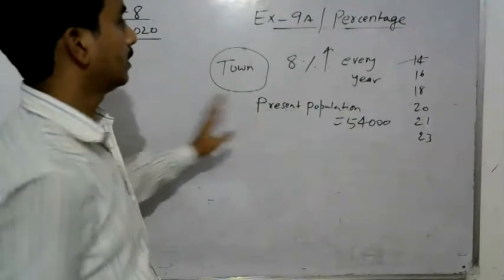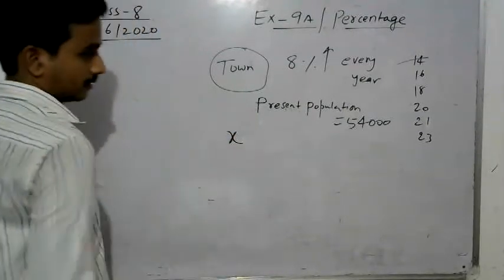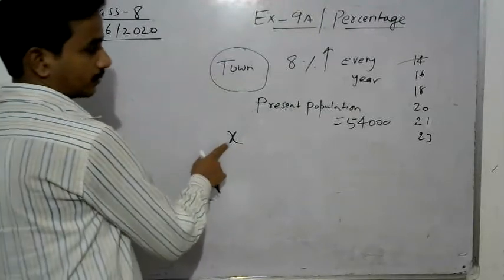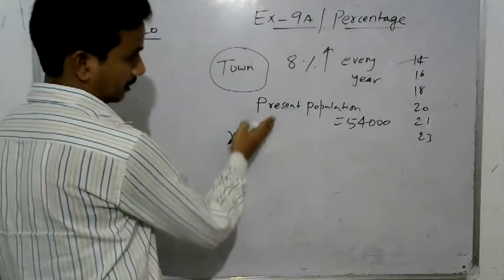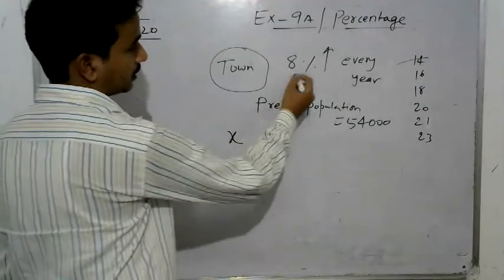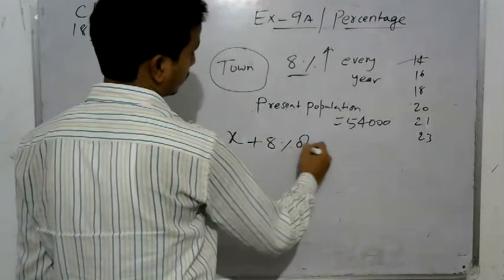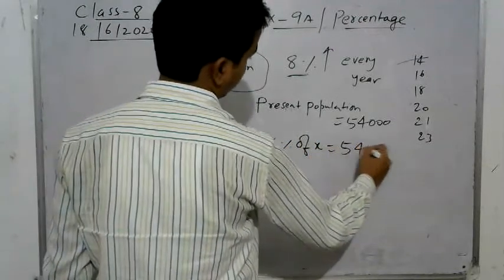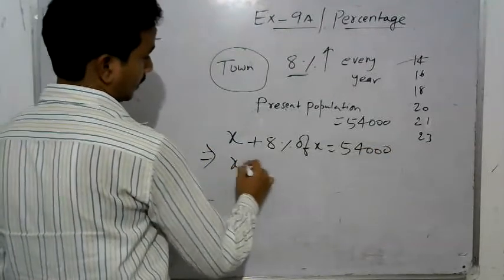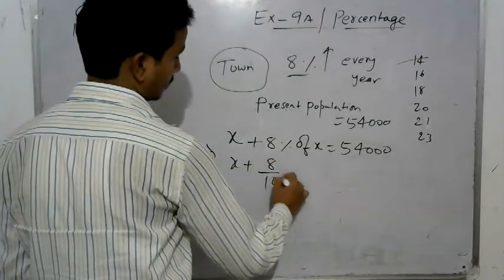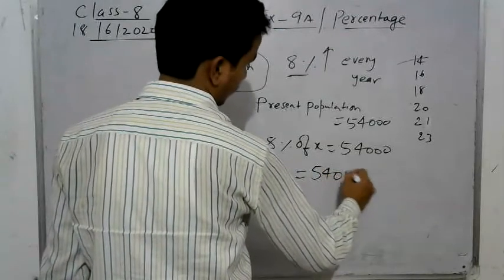Let us assume a year ago its population was X. Then in the next year, the present year, it will increase by 8%. So we have to increase 8% of X. This will be equal to 54,000. So X plus 8 by 100 into X, that is 8X by 100, is equal to 54,000.